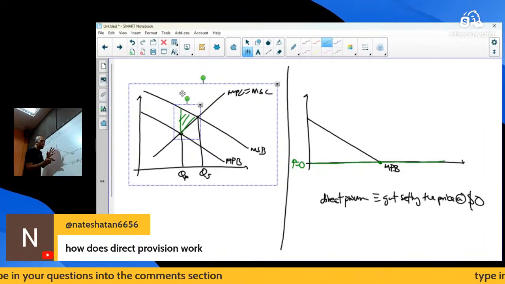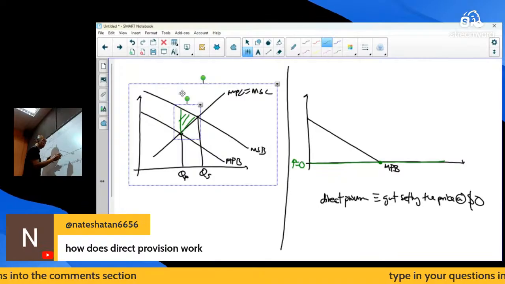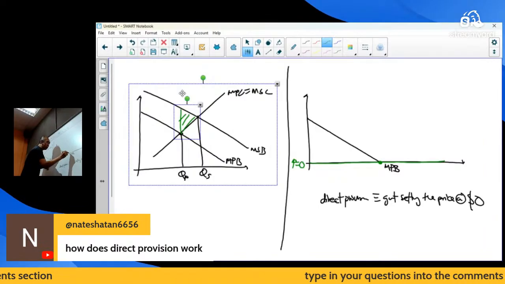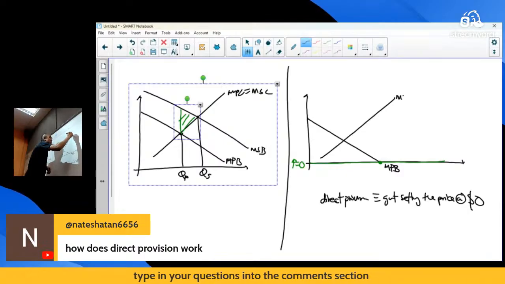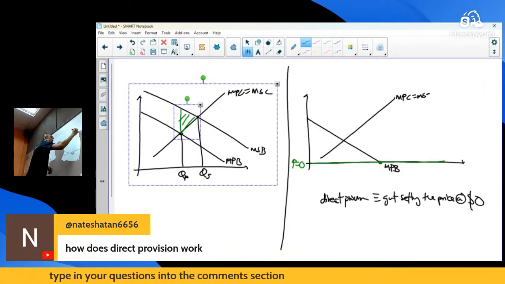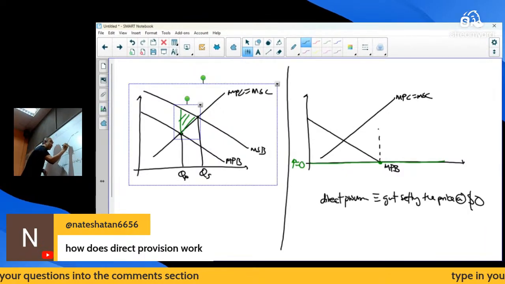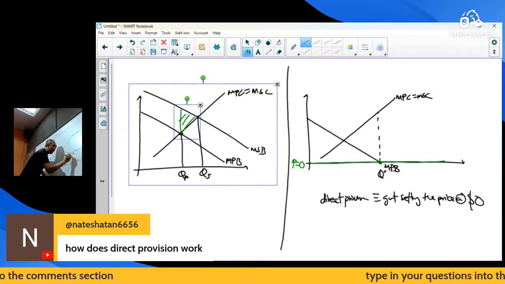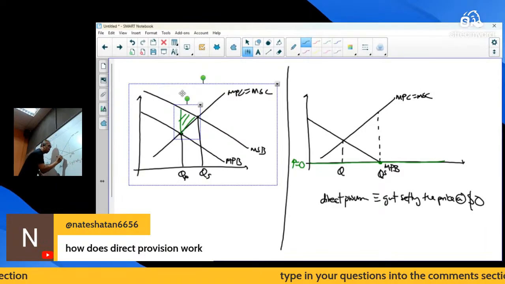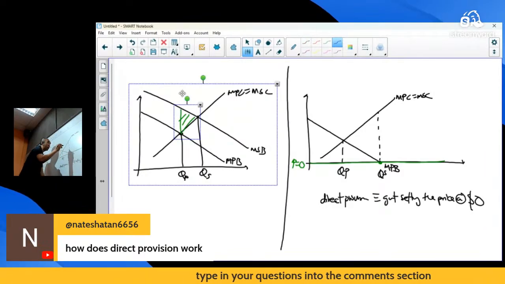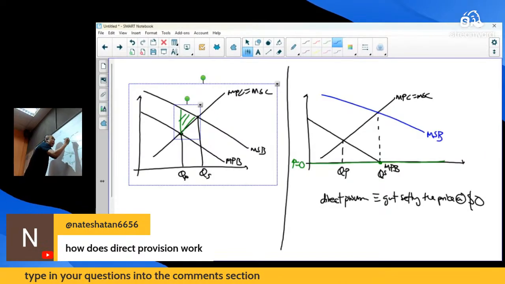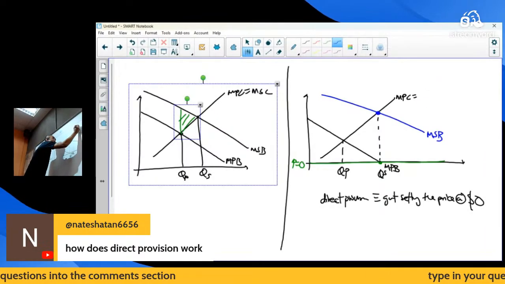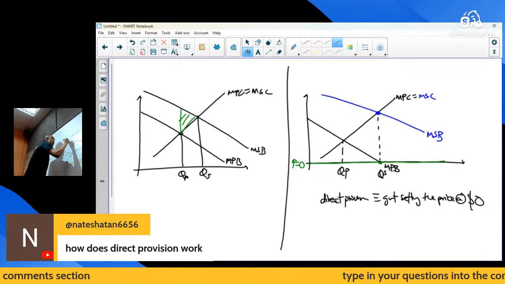Now, in order to show that this is the solution to market failure, what I need to do is a bit complicated. I draw an MPC, MSC. I want to claim that this quantity is QS, the social optimum. To claim that it is the social optimum, I need to draw an MSB graph so high that the MSB-MSC intersection gives me QS.